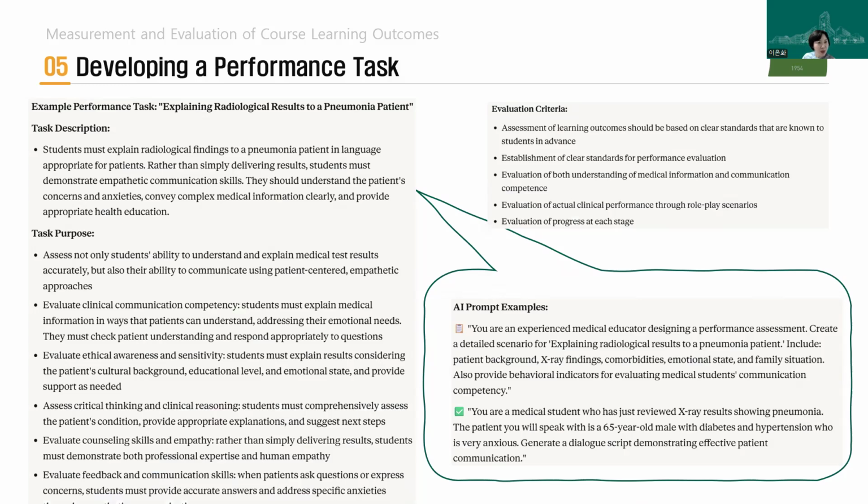This chat box is the prompt for AI, and the answer shows that we can use generative AI for making performance tasks easily and effectively. I recommend you use generative AI, ChatGPT, Claude, Gemini, etc.